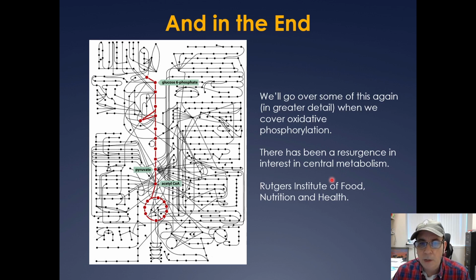These are a huge problem in the United States, and there's a lot of costs to medical care due to the obesity epidemic. And you can sort of see this and the importance of it with the Rutgers Institute for Food, Nutrition, and Health, which is actually one of the centerpieces here on the Cook campus. And so I'm sure a lot of you have maybe eaten in the cafeteria there, and they're really trying to promote healthy eating and healthy lifestyles, as well as help to understand how this all feeds in.